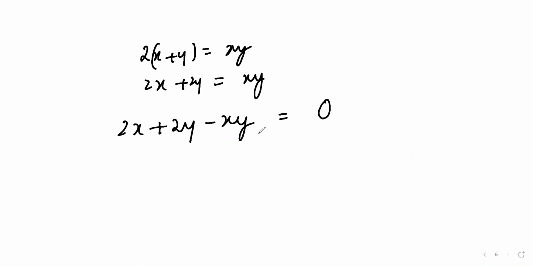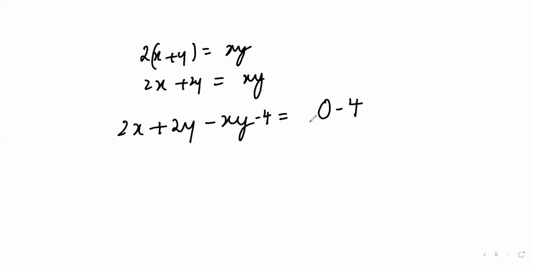Now I can try to rewrite or simplify it in another manner. So what I can do is put minus 4 both sides. I can add minus 4 to both the sides, that is LHS and RHS.